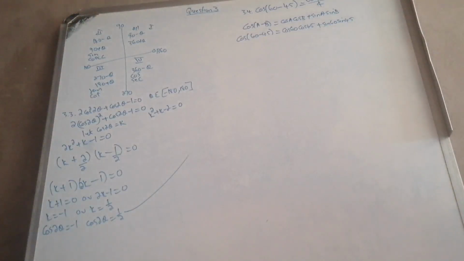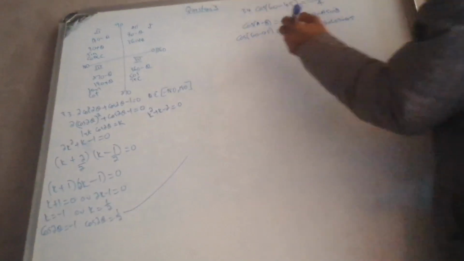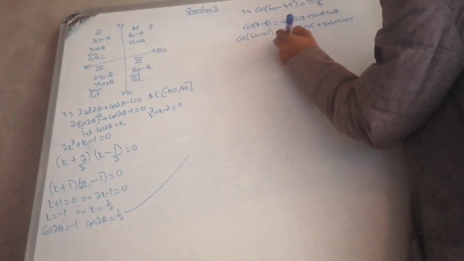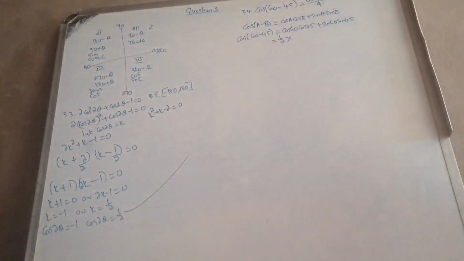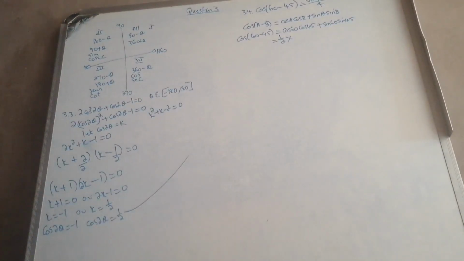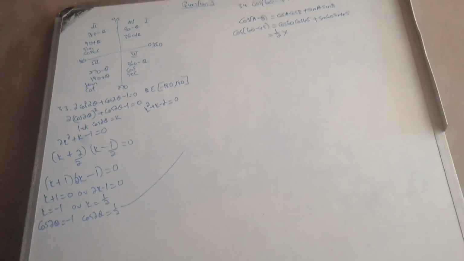Okay, and we will try and check what is the cosine of 60. The cosine of 60 should be 1/2 because they are special angles. And what should be the cosine of 45? Very good.